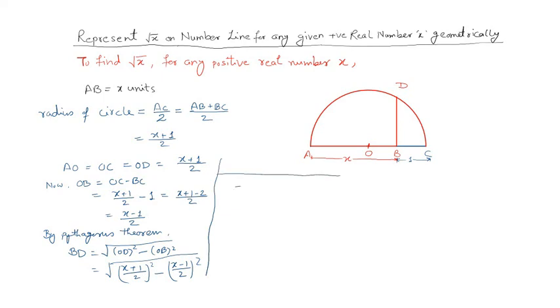We will get the square root of (x square plus 2x plus 1) by 4 minus (x square minus 2x plus 1) by 4.